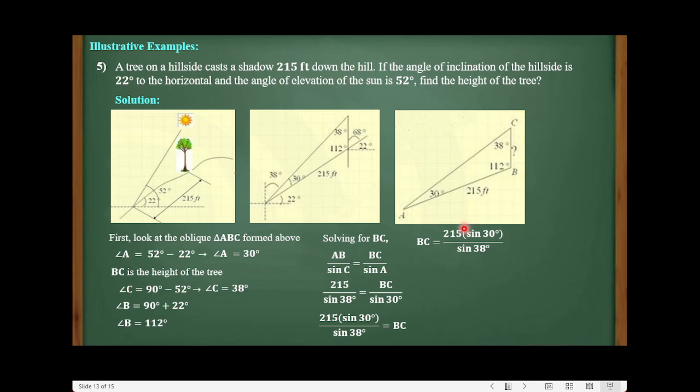And then, that is 215 times sine of 30, which is 0.5, over sine of 38, which is 0.6157. And at this point, we found out that upon computation, the length of segment BC is 174.61 feet, which happens to be the height of the tree. Okay? Which is the one we're looking for.